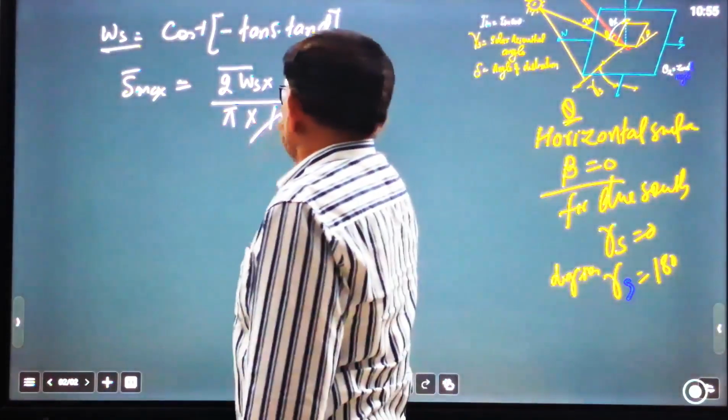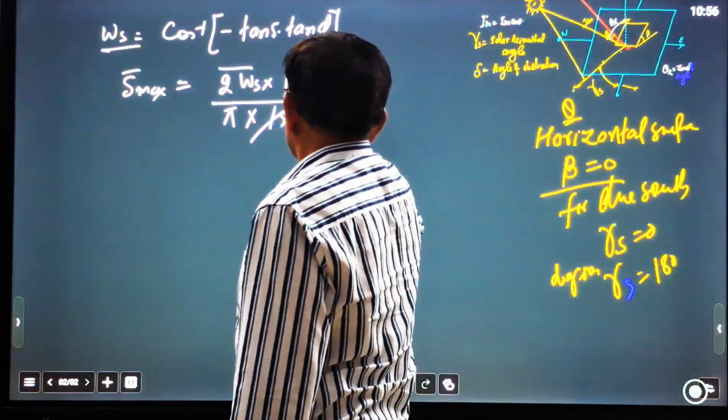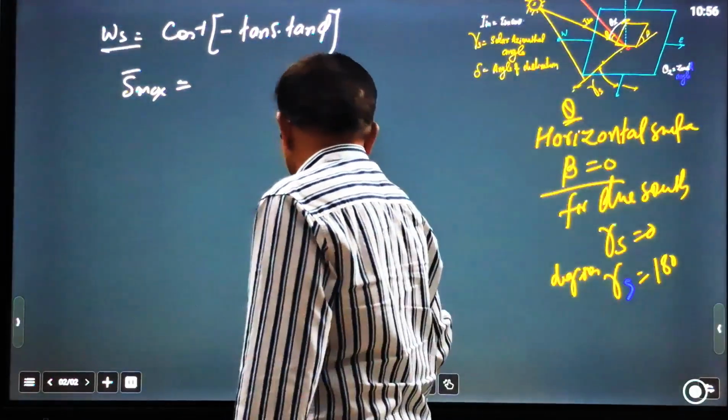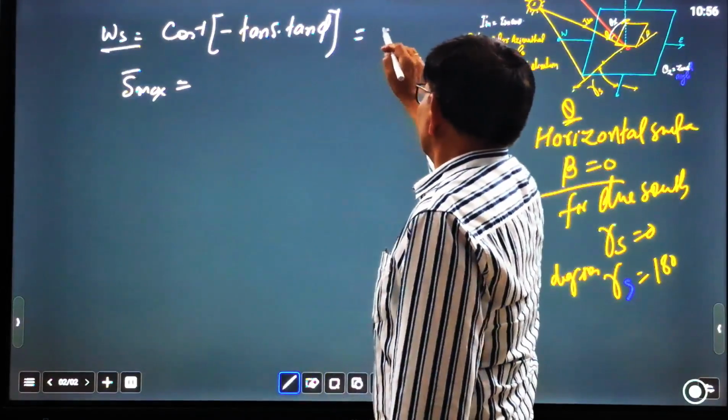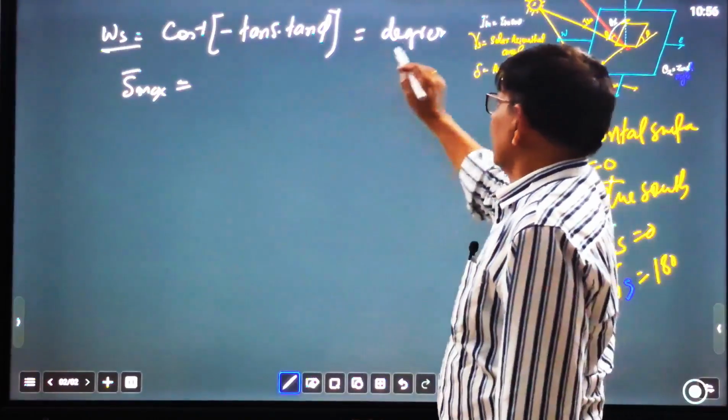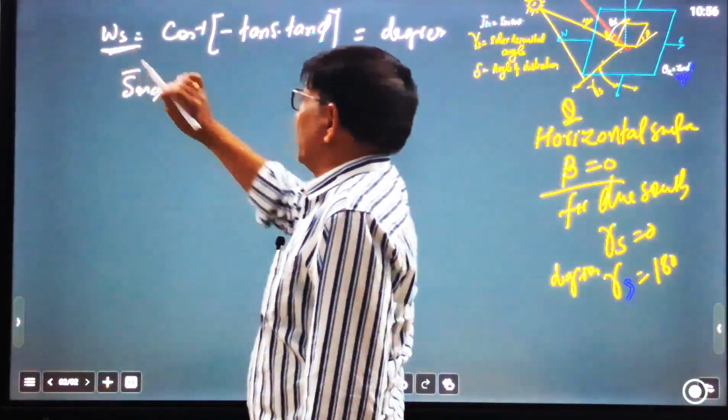If it is in degrees, there is no need of multiplying by 180 by pi, because we already consider it in degrees.